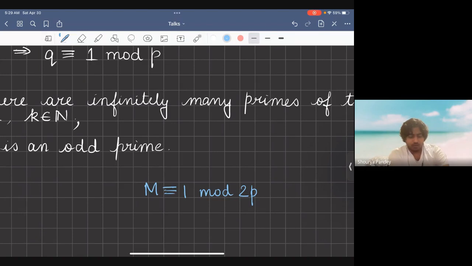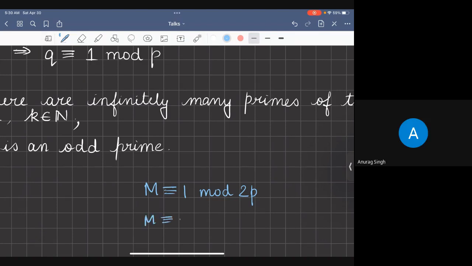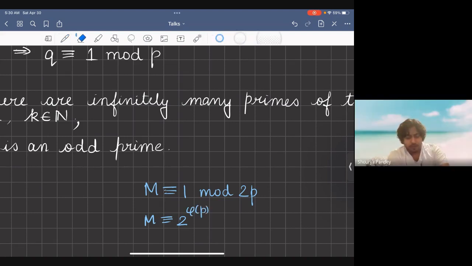We have that 2 to the phi of p is congruent to 1 mod, and phi of p is just p minus 1. Is this what you mean?